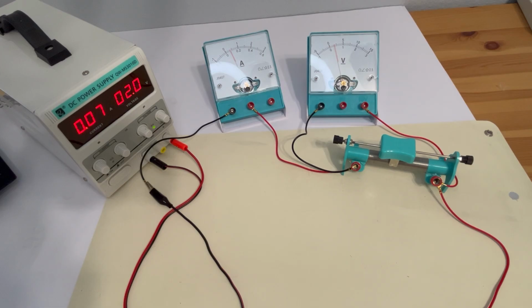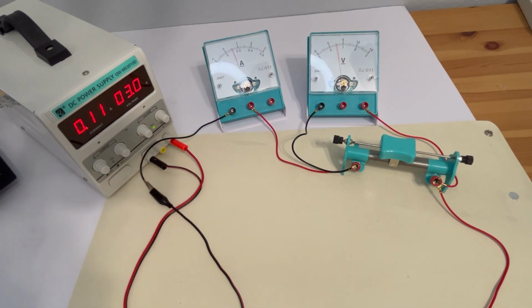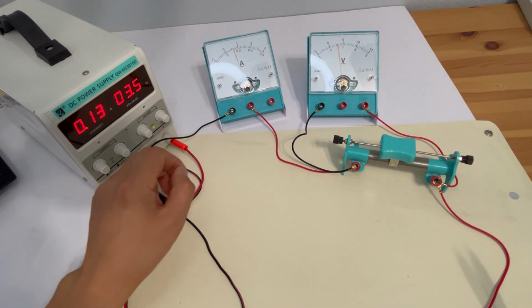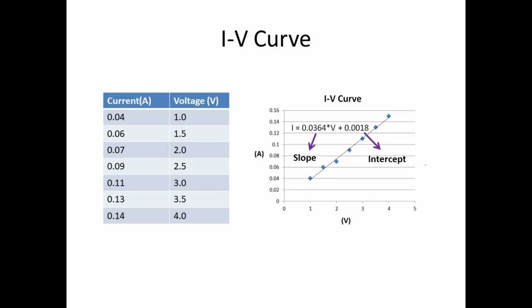When the voltage is 2.5 volts, the current is 0.09 amps. When the voltage is 3.0 volts, the current is 0.11 amps. When the voltage is 3.5 volts, the current is 0.13 amps. When the voltage is 4.0 volts, the current is 0.14 amps.